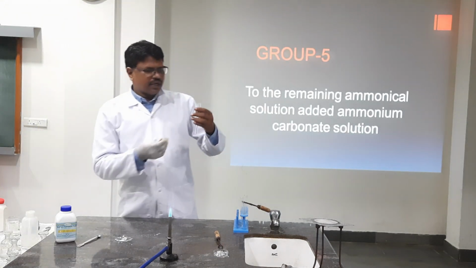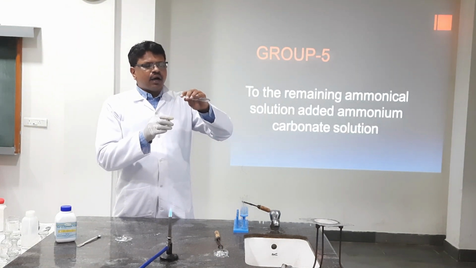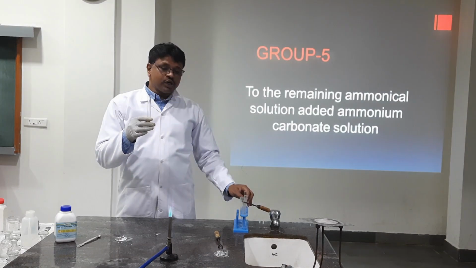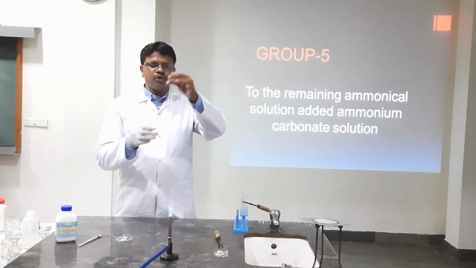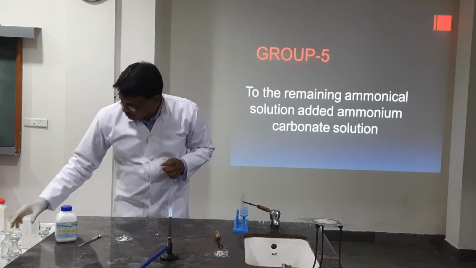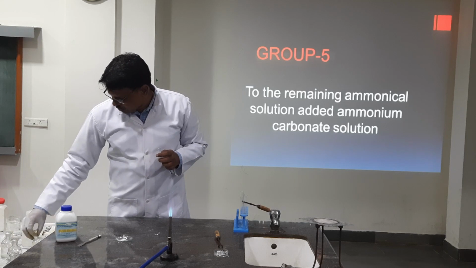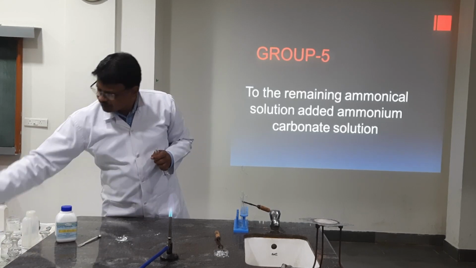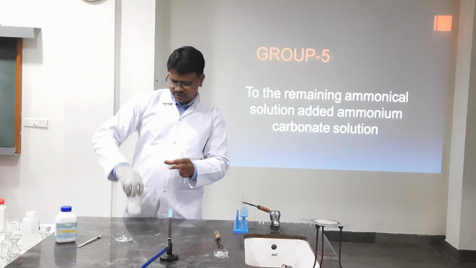To this, I am going to add ammonium chloride, ammonium hydroxide, ammonium carbonate. All these 3 are going to be added. So this is OS. I am going to add ammonium chloride, which is in solid state.